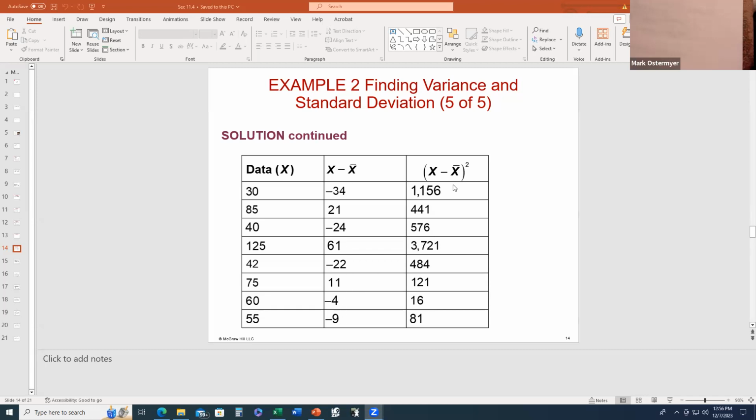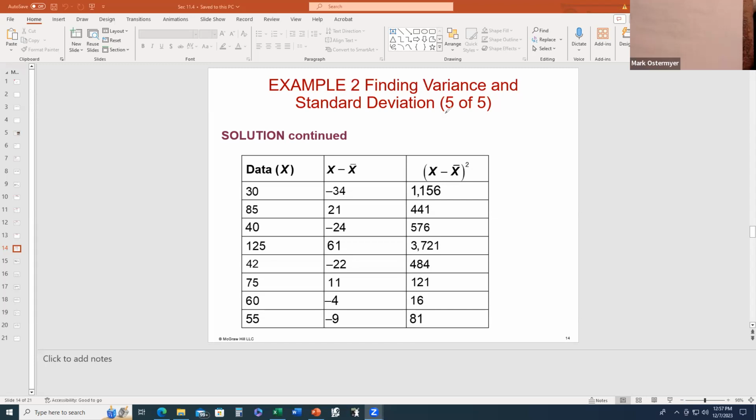And the last column takes these differences between a dog's weight and the mean dog weight, and you're going to square that difference. So you generate this last column.